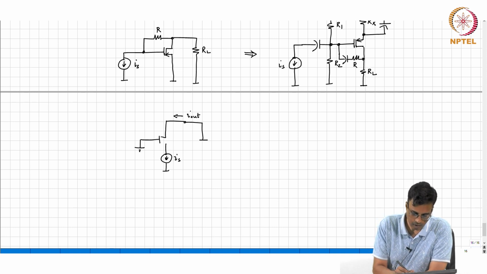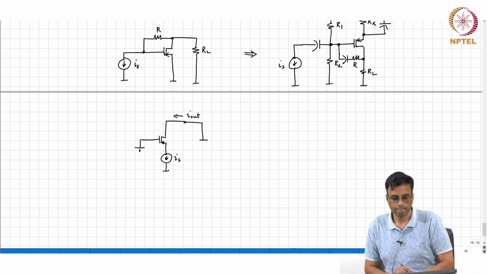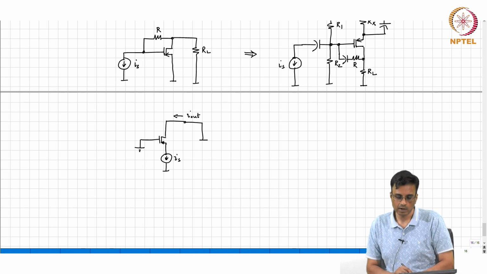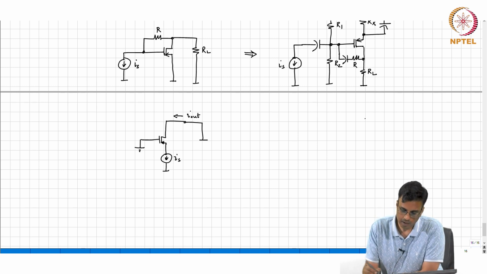Replace IS, okay, and again bias the transistor properly.